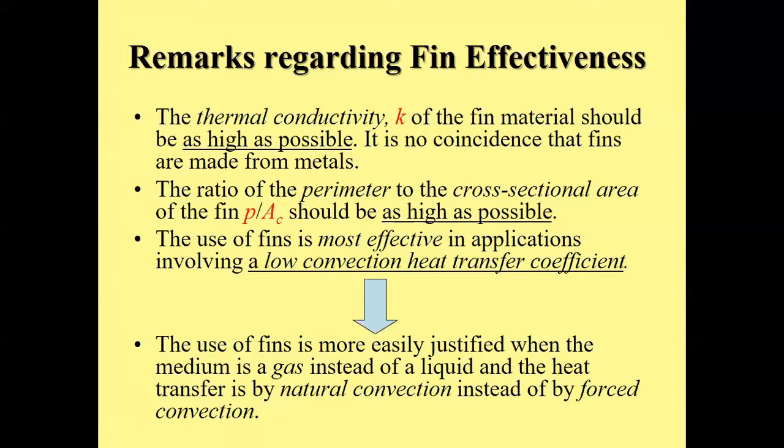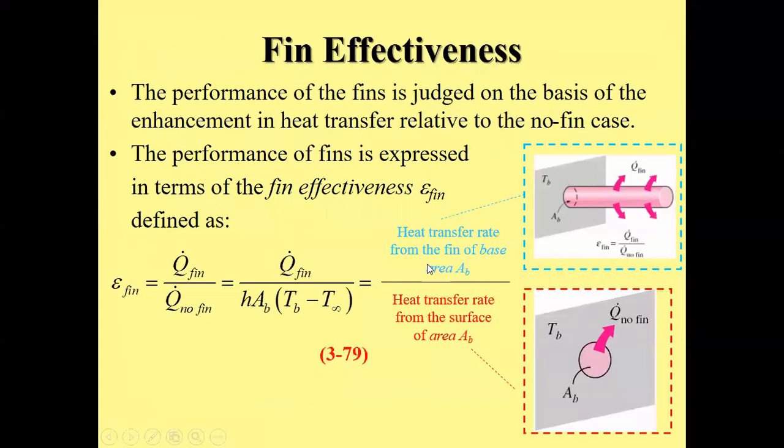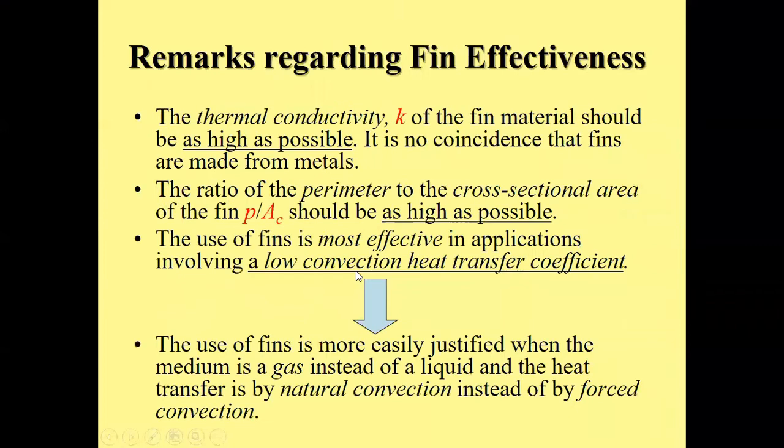So in the case of a lower convection heat transfer coefficient, it is justifiable to use fin. This will give you a higher fin effectiveness. If the coefficient is already high, you get lower effectiveness.